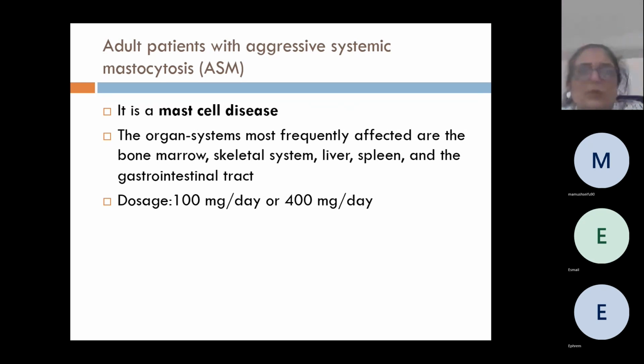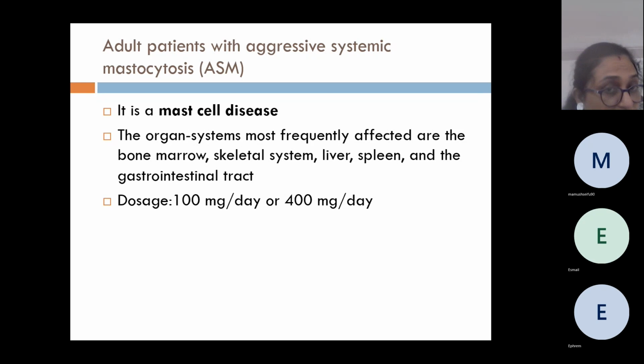There are two more indications of imatinib which have come up recently. So I just thought I'll share with you. First, for the adult patients seen with aggressive systemic mastocytosis, which is called as ASM, aggressive systemic mastocytosis. These arise in the mast cells.